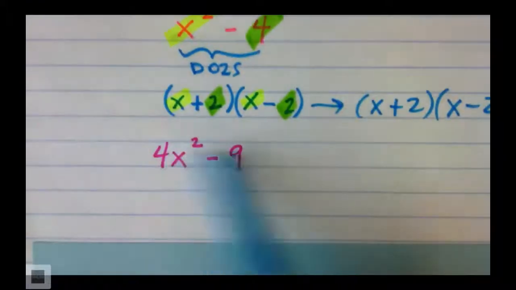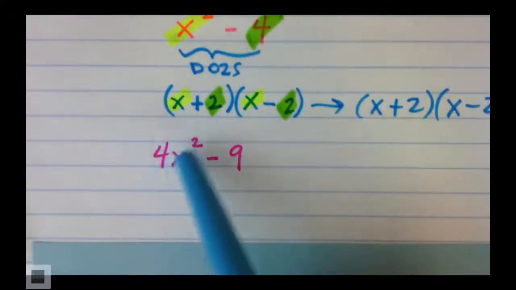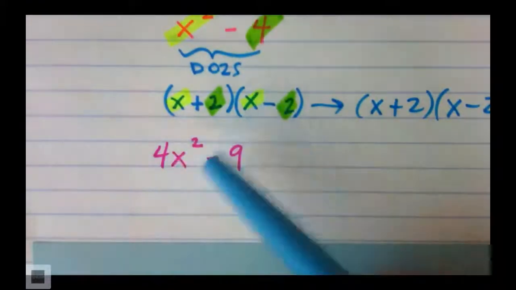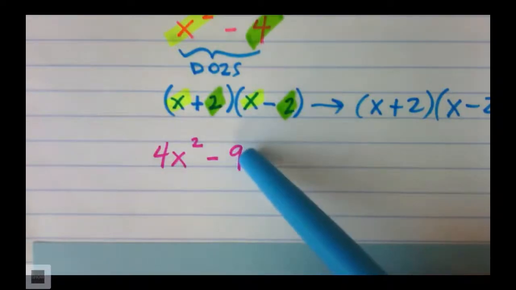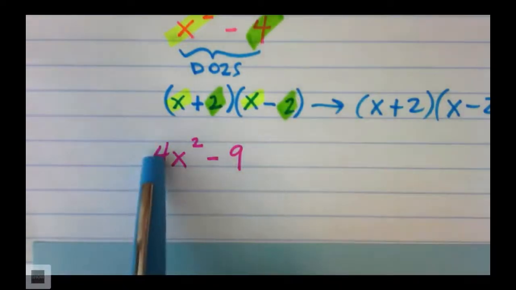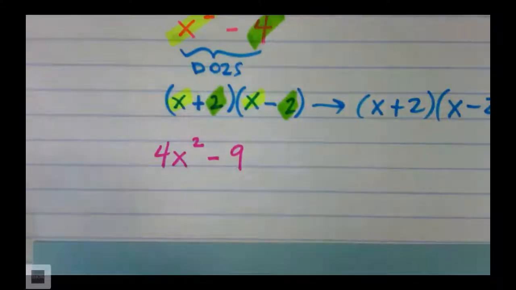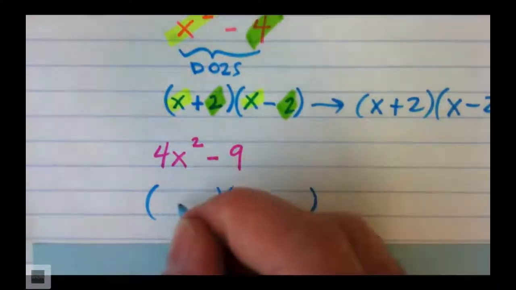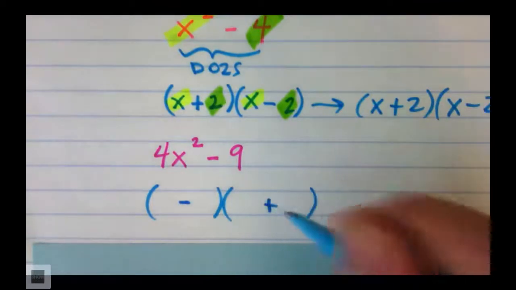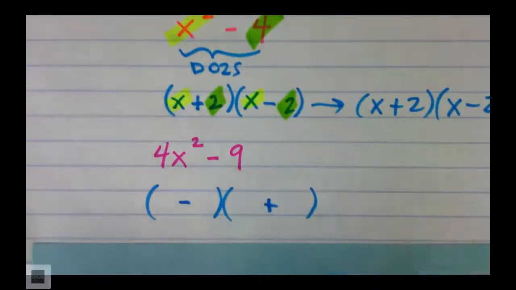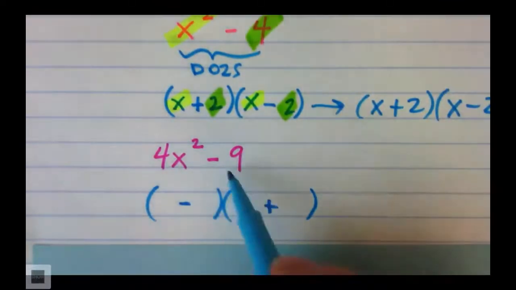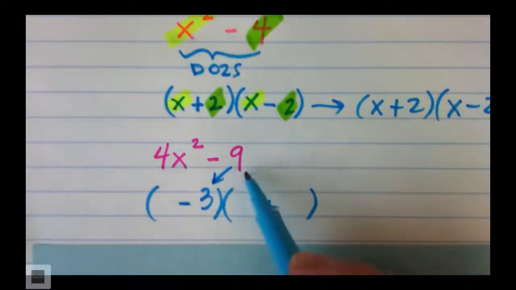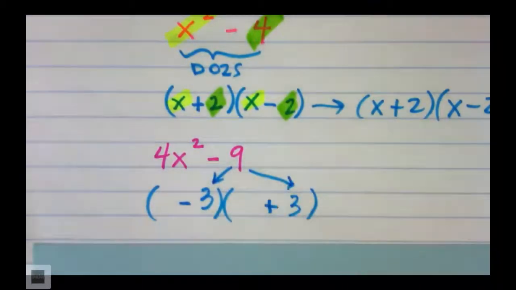All right, example number 2. This time I still have two terms, and I notice now I got a number in front, which is okay. I got a minus sign, I'm good, so I know 9's a perfect square. I know 4 is perfect, and I know x squared is perfect, so therefore let's go ahead and jump right into it. This time I'm going to put the minus first just to be different from above and put the plus second. Well, the square root of 9 I know is going to be 3, so I stick that in the very last part.